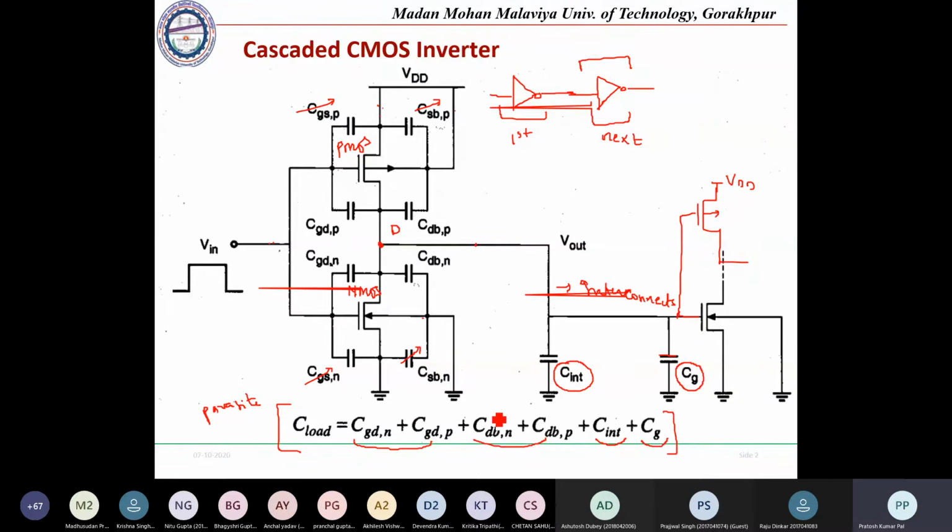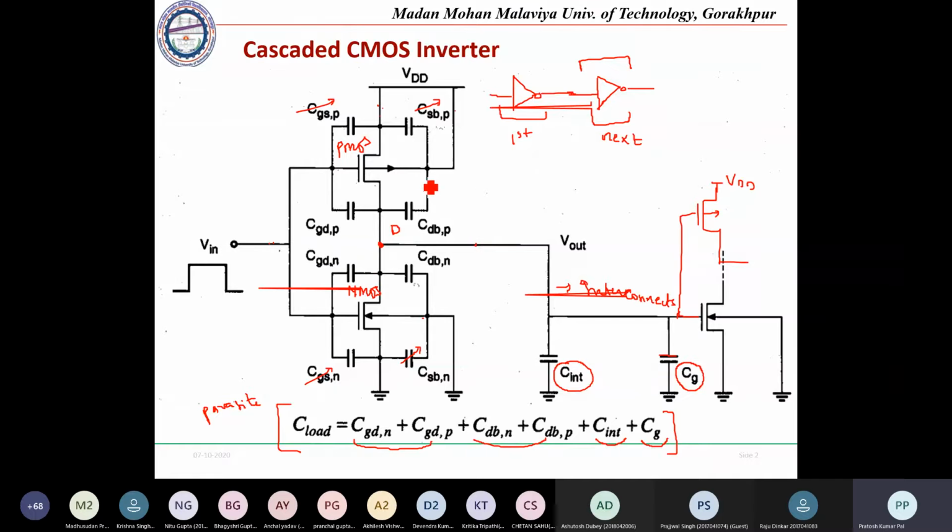Once we have considered all the capacitance terms, instead of representing each transistor with these complex capacitors, we will just write the transistor symbol and make the connections.